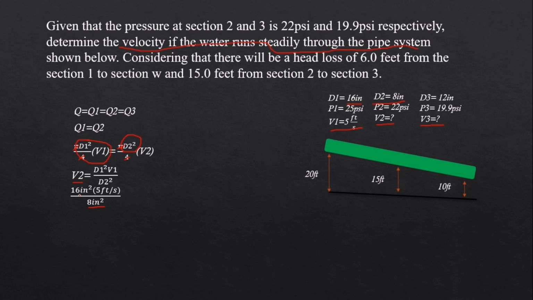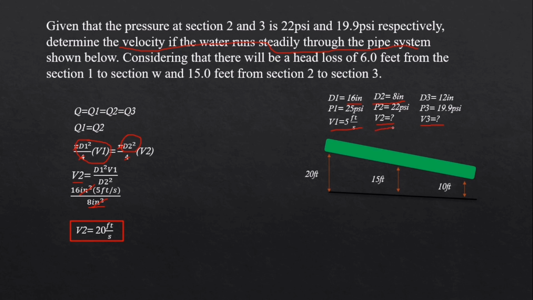So in this situation, inches squared we could cancel out and only feet per second is left, and that is our unit for the velocity in section 2. So 16 squared times 5 over 8 squared is equal to 20 feet per second, and that is our velocity in section 2.